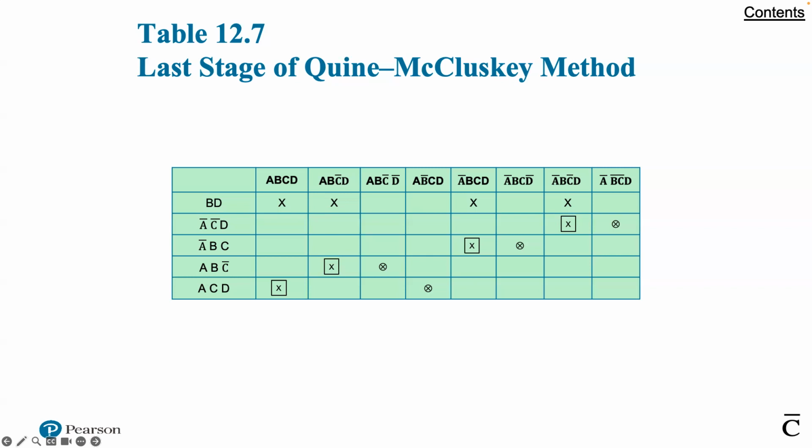In cases in which some columns have neither a circle nor a square, additional processing is required. Essentially, we keep adding row elements until all columns are covered.